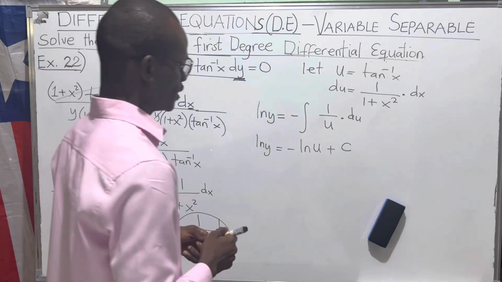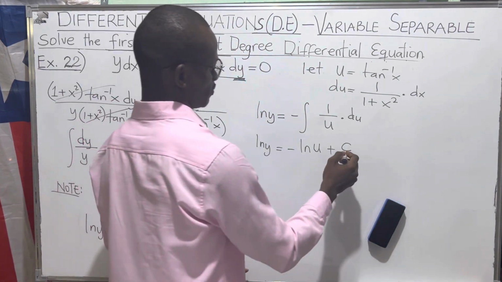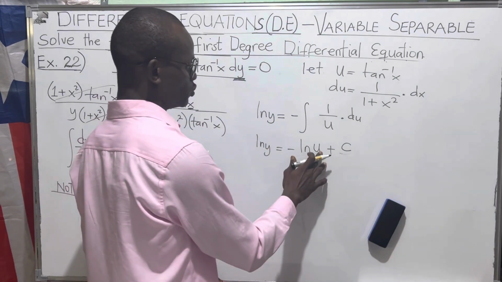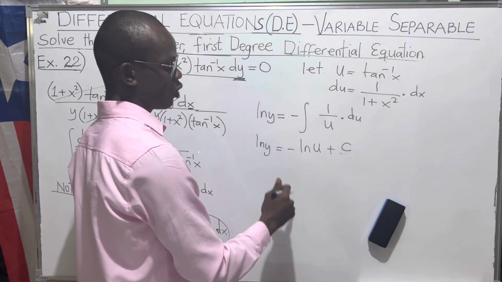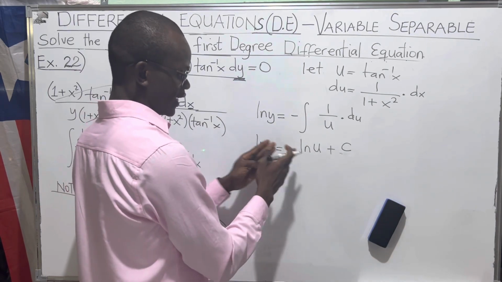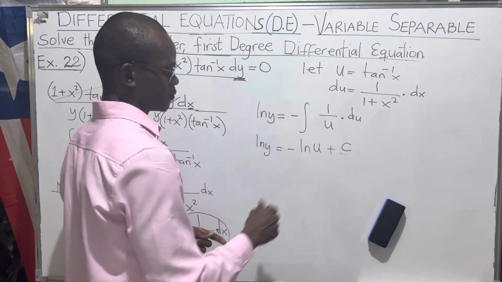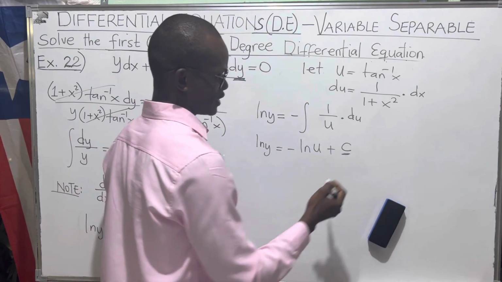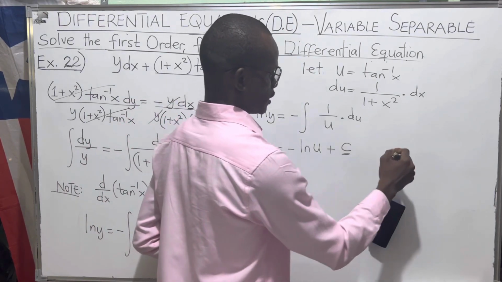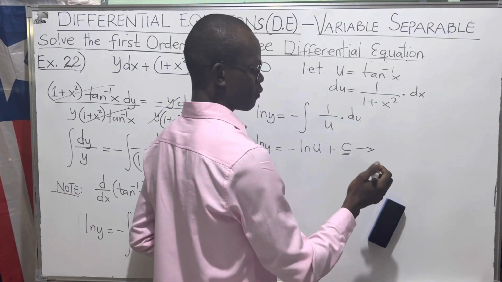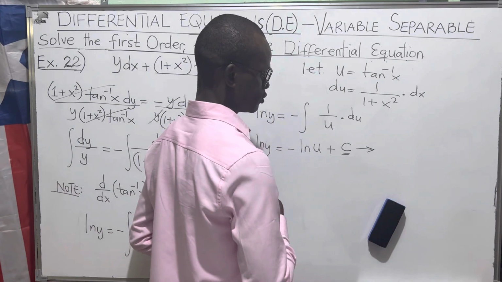So now what we can do is rewrite this. You can just bring in the value for u and call this your final answer, or you can further simplify with just ln of y and ln of u. It doesn't matter. But I want to rewrite this c because I know that this c is an arbitrary constant, so it can be represented by whatever constant I wish to select.